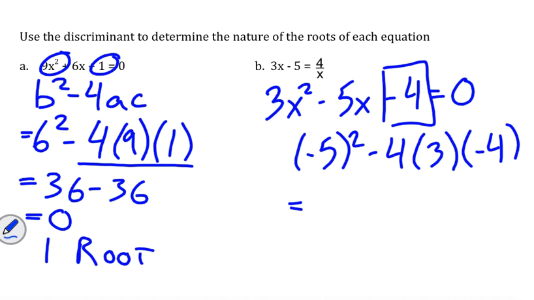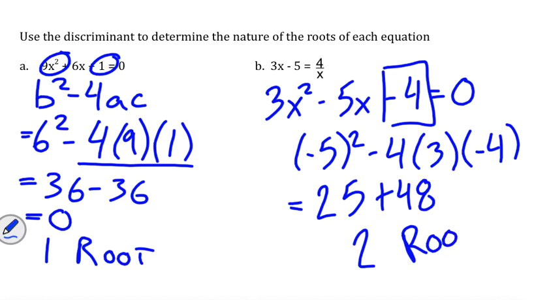You don't even really need to solve this. So you get 25 plus 48, and that's positive. I could stop right there if I want and say 2 roots, because that is going to be a positive answer. Okay? So you would probably want to go to the finish, so you'd probably want to write 73 down just to state the answer, but that is what we're looking at there.